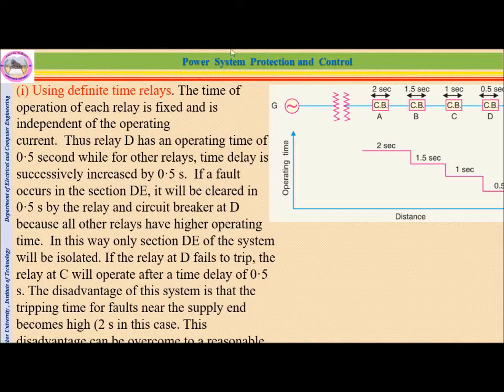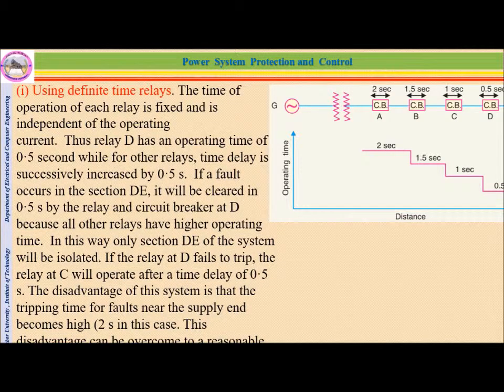Definite time relay looks like this. The time of operation of each relay is fixed and is independent of the operating current. Whatever the current, a definite time relay has a fixed operating time.